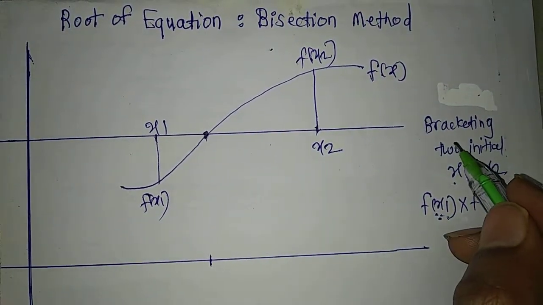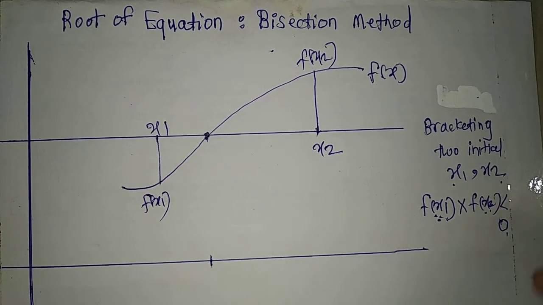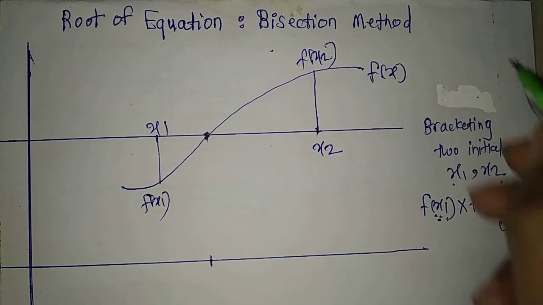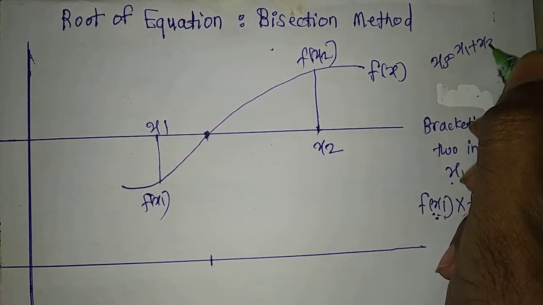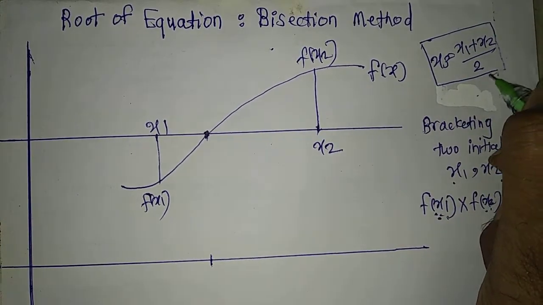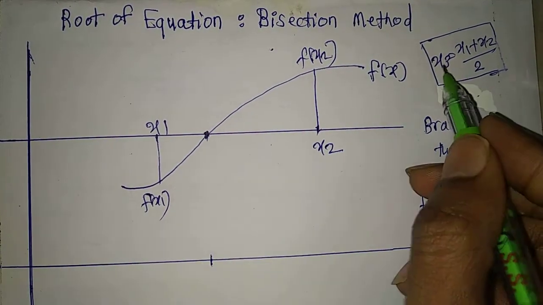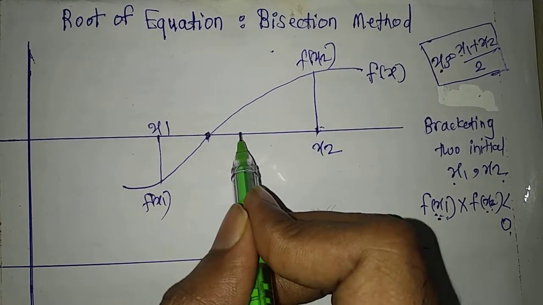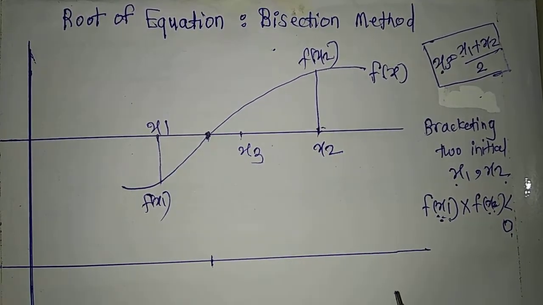The bisection method tells us that the next guess is x3, and x3 will be x1 plus x2 by 2. So x3 is the midpoint of x1 and x2.